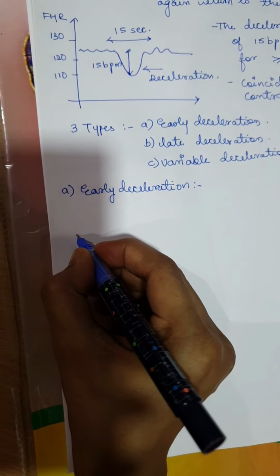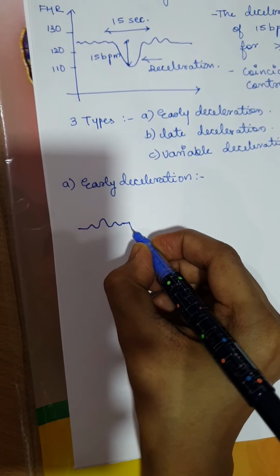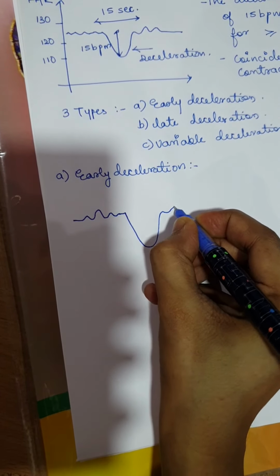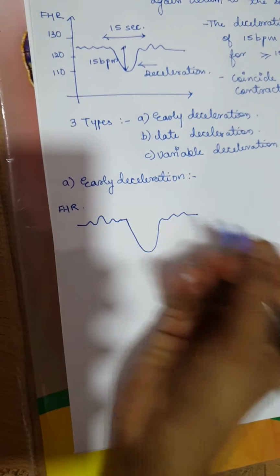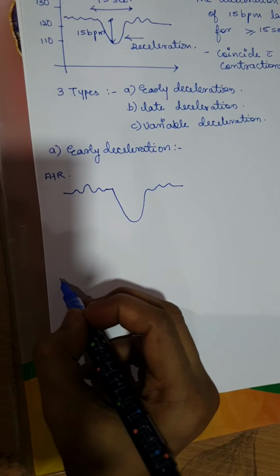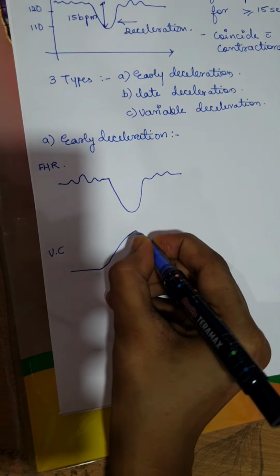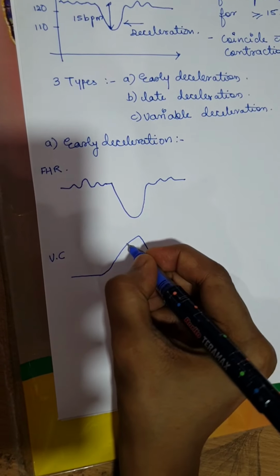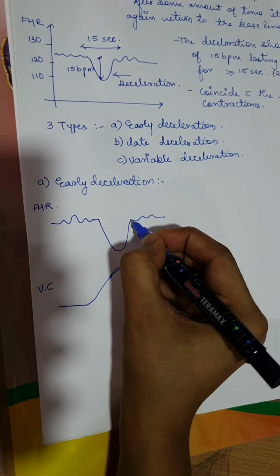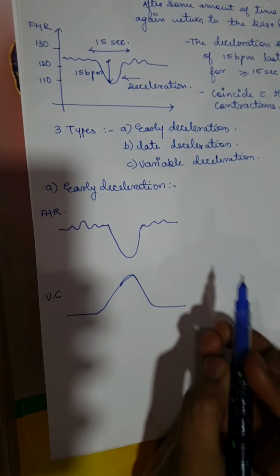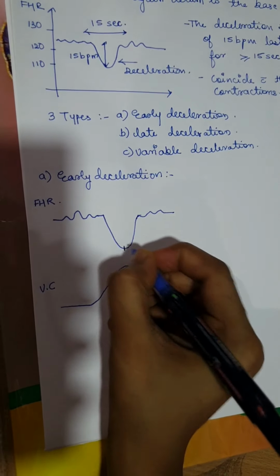So if this is the baseline and this is the deceleration, this is the fetal heart rate, and these are the uterine contractions I'm going to draw. Now this is the nadir of the deceleration.